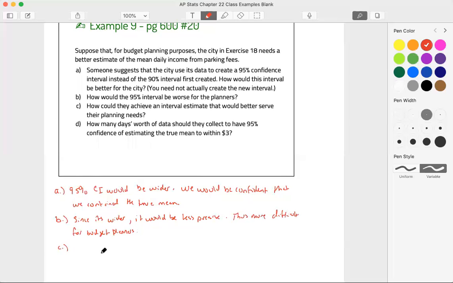Okay, part C. How could they achieve an interval estimate that would better serve their planning needs? They could use a larger sample. What this does is decrease the margin of error without losing precision.